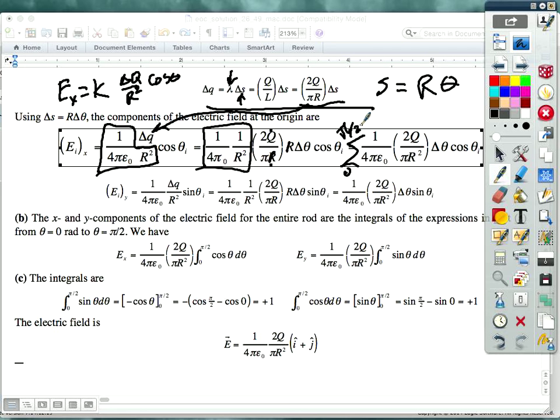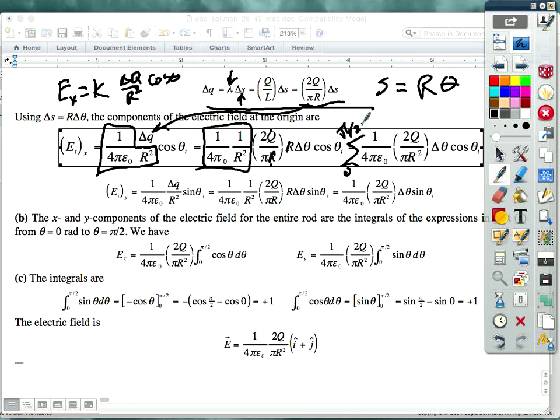So here, what we're trying to do is get a piece of charge, and we're saying, what is the effect of this little piece of charge at this point? And we know that the effect of a charge at a given radius is k q over r squared. So first we take the one, and then we do it across all of them.